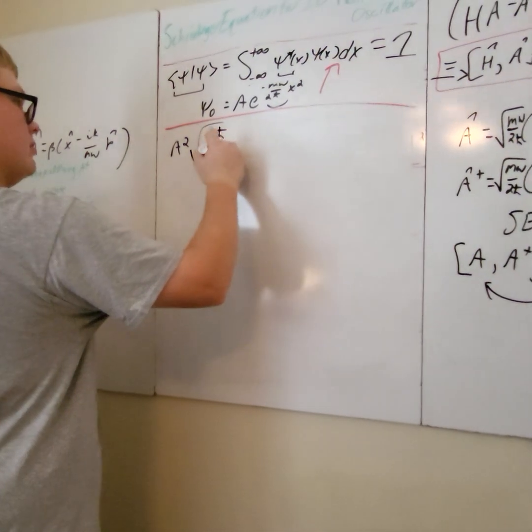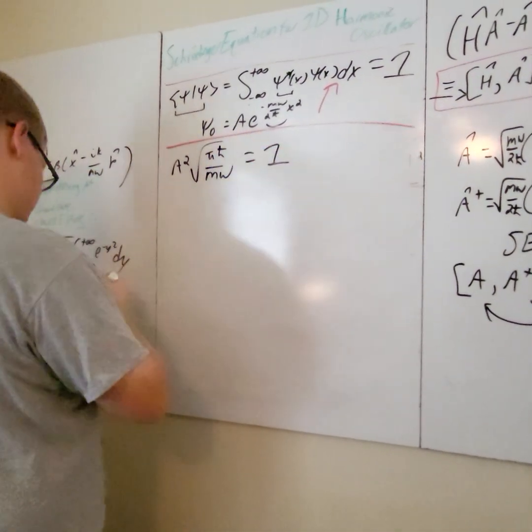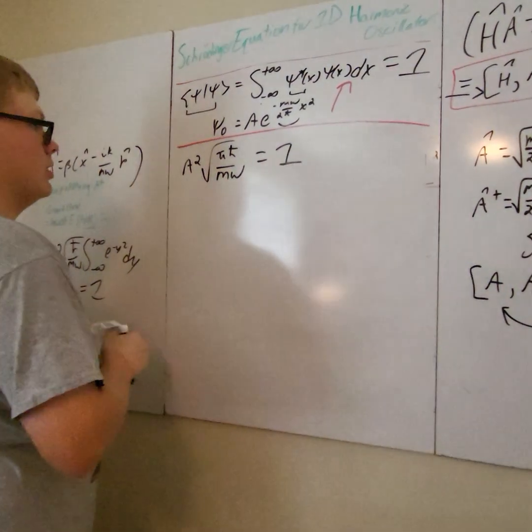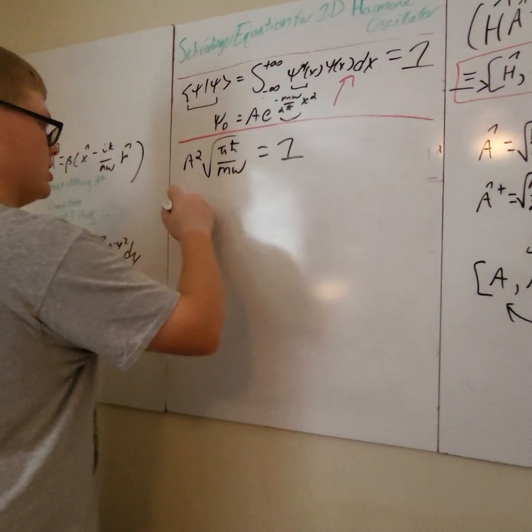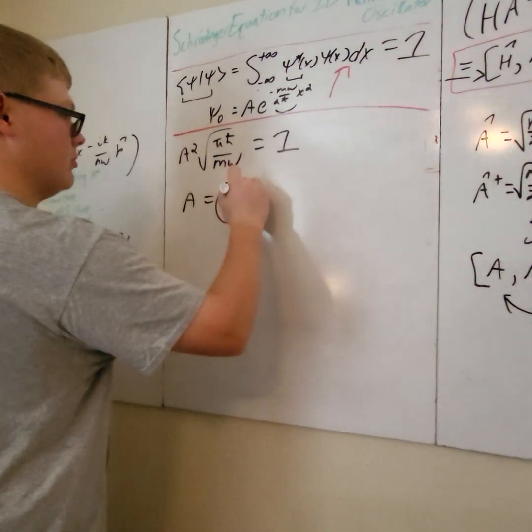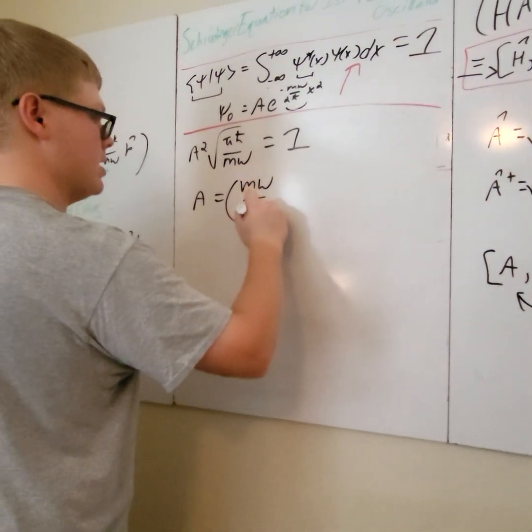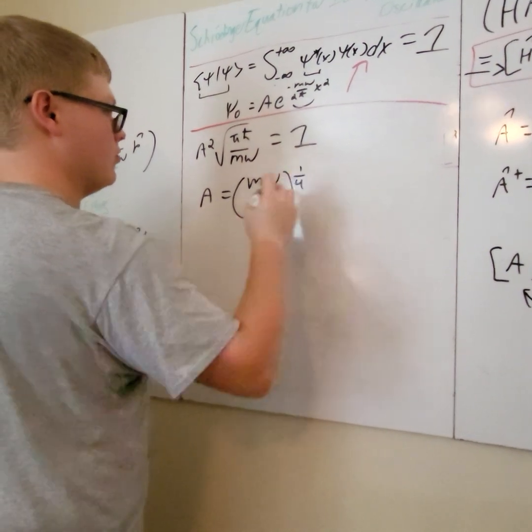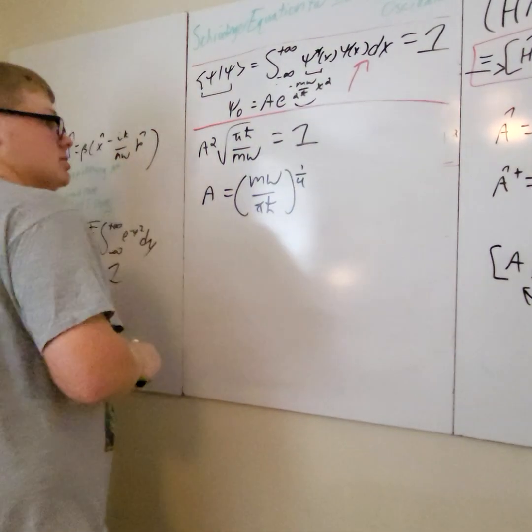Pi h over mw equals 1, which we can rearrange: A equals (mw over pi h bar) to the 1/4. I keep calling h bar h.